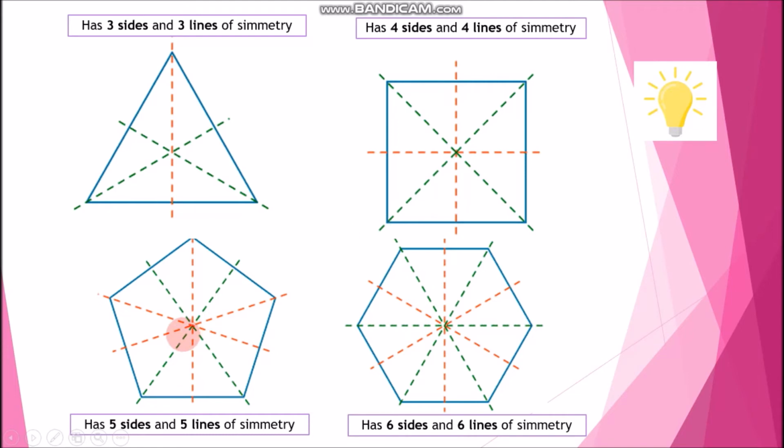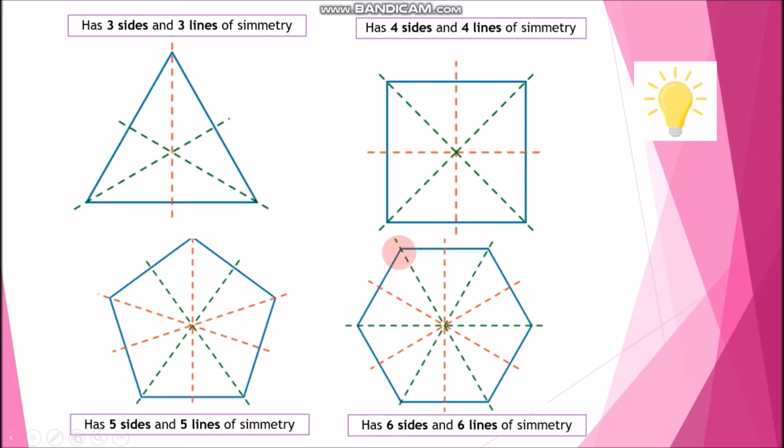This pentagon has 5 sides and has 5 lines of symmetry. 5 sides, 1, 2, 3, 4, 5, and 5 lines of symmetry. 1, 2, 3, 4, and 5.